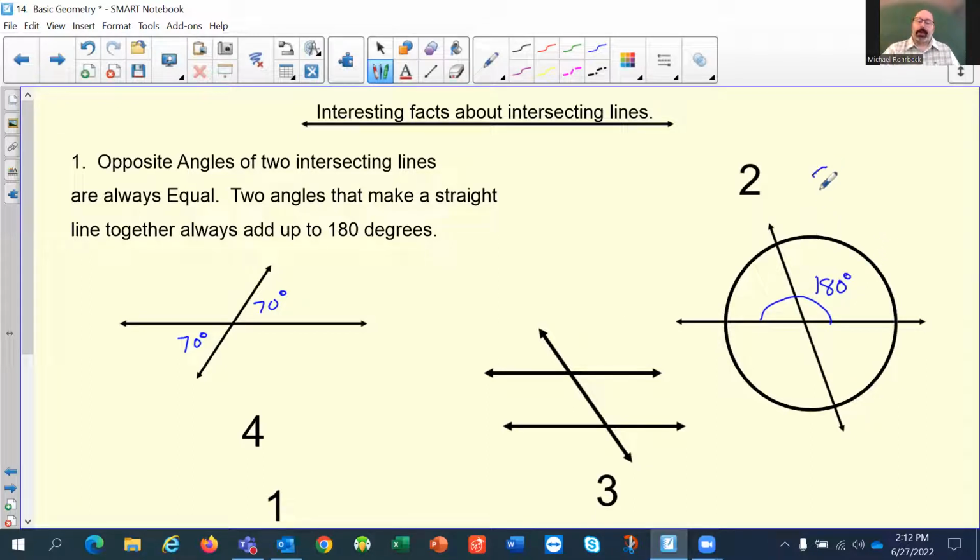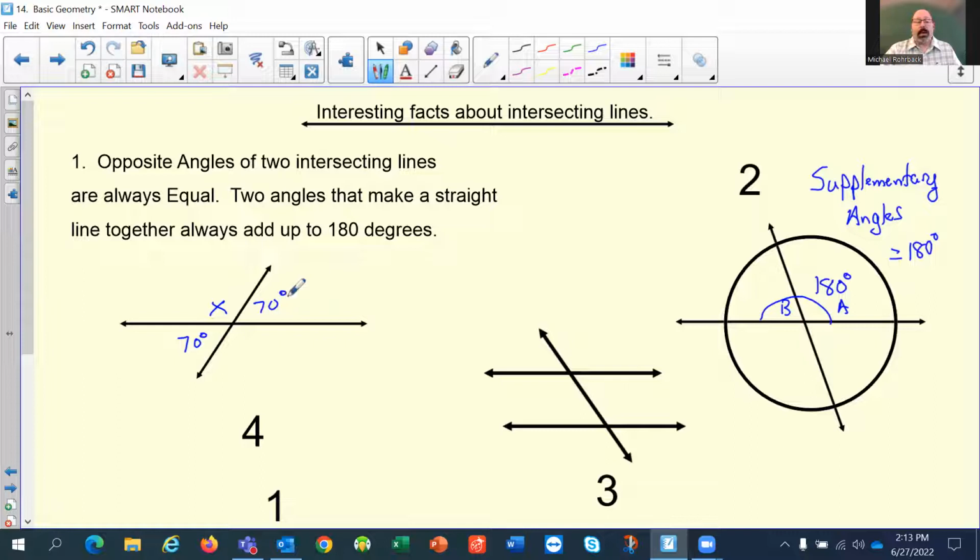And the name for that is supplementary angles. So two angles that equal 180 degrees. So this angle and this angle, so say A and B, would be called supplementary angles because they add up to 180 degrees. Well, over here, 70 plus, we'll make this an X, 70 plus X makes a straight line.